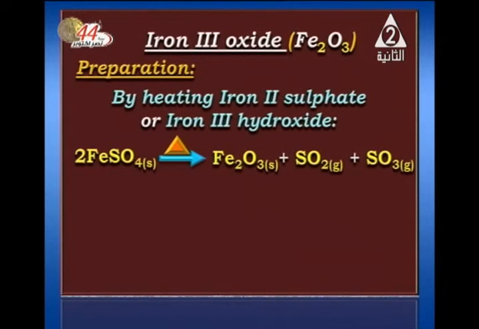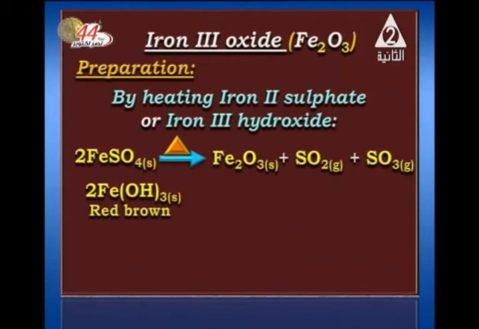My dear students, we have a reason in this equation. Heating iron 2 sulfate gives iron 3 oxide and does not give iron 2 oxide. The reason for that is the produced sulfur trioxide gas is an oxidizing agent, so it prevents the formation of iron 2 oxide. It is oxidized into iron 3 oxide.